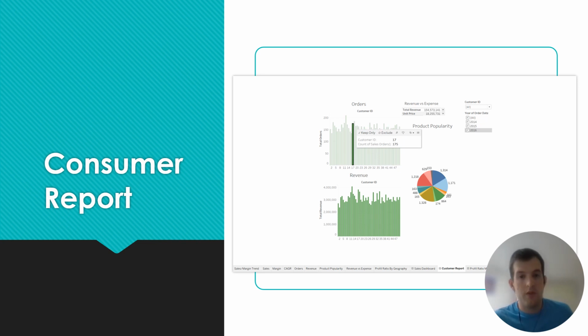Additionally, other customers seem to increase their orders proportionally as well. Essentially, like we said in the sales report, the consumer report matches it. Everybody saw a significant increase from 2014 to 15, and then about the same from 15 to 16. So we see an overall increase in the total number of products ordered, and an increase in all of Initech's various products as well.